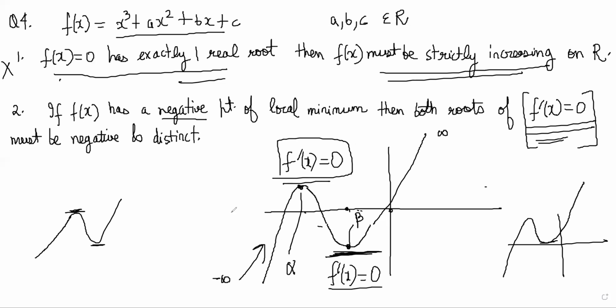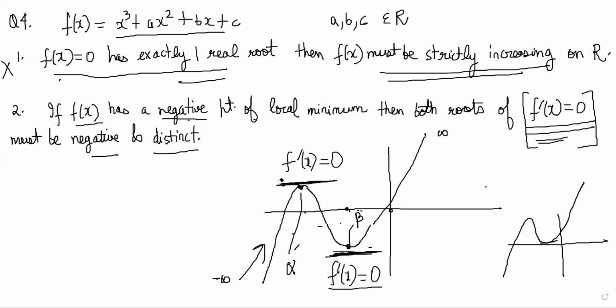Alpha and beta are both negative. So if f(x) has a negative point of local minima, then both roots of f dash x must be negative and distinct. One root happens here, one root happens here. It has to happen. So this statement is correct.